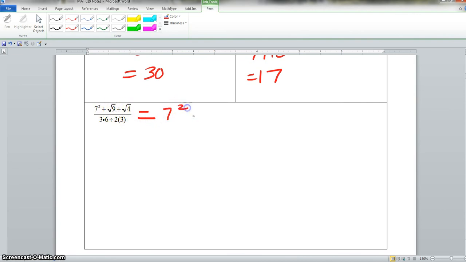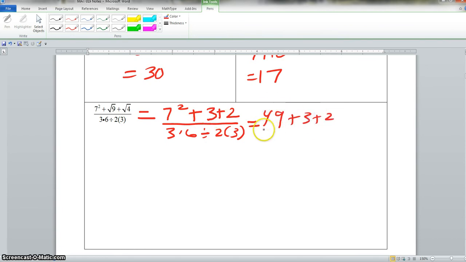So we have 7 squared plus the square root of 9 is 3, plus the square root of 4 we know is 2. All over, 3 times 6, we'll just write that down, divided by 2 times parenthesis 3. So let's finish off this numerator. We would do our exponent next. 7 to the second power is 49, and then plus 3 plus 2.